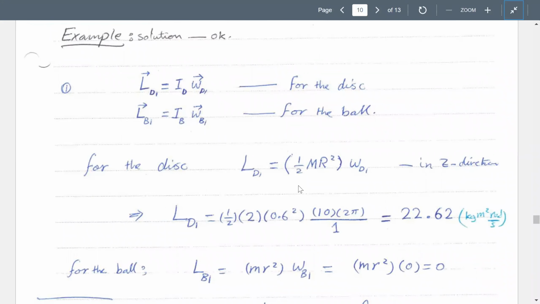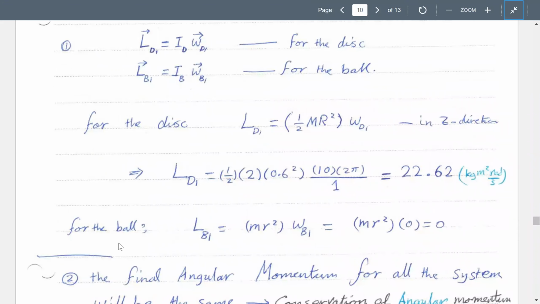L for the disk is 1/2, the mass 2 kilograms, the radius 0.6 squared, multiplied by the angular velocity. It is 22.62, with units kilogram meter squared radian per second. What about the ball before it jumps onto the disk?